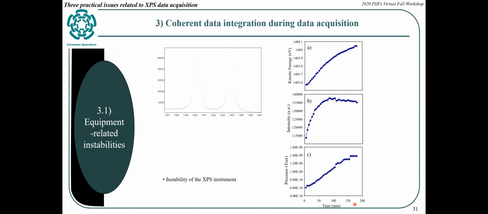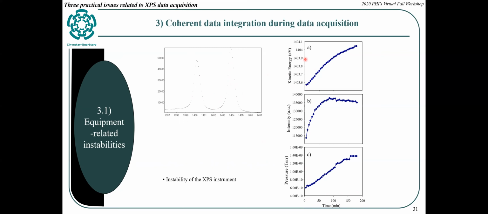This is time in minutes. We're talking about a few hours here. So we took the gold 4F data as a function of time, and we saw that the peak changes with time.